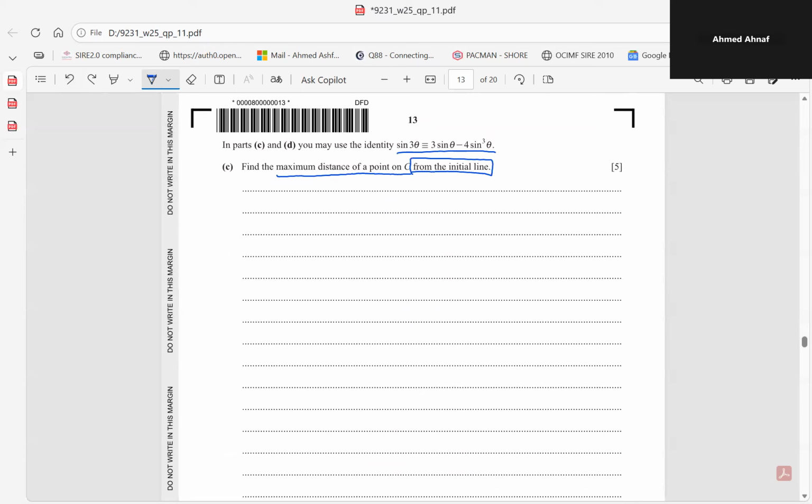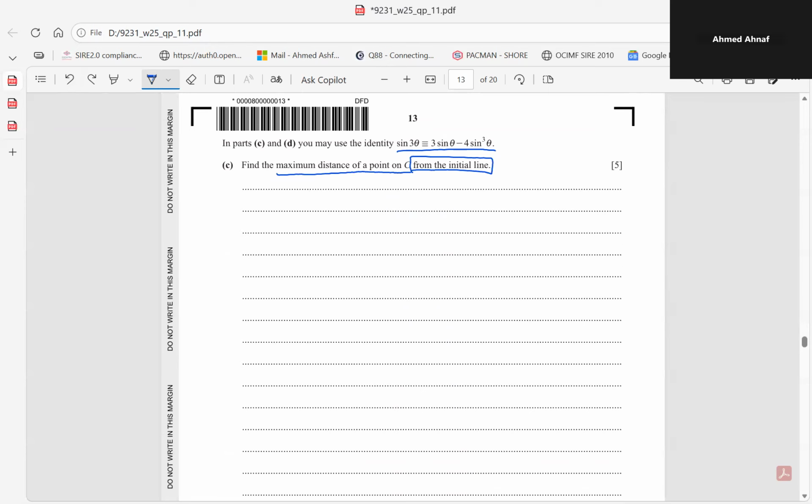So to find this, we need to find dy d theta and equate it to 0, just like what we do in Cartesian. You want to find the maximum point, you make dy dx equals to 0 as well. Okay, so first we need to find the equation for y in terms of our polar equation.